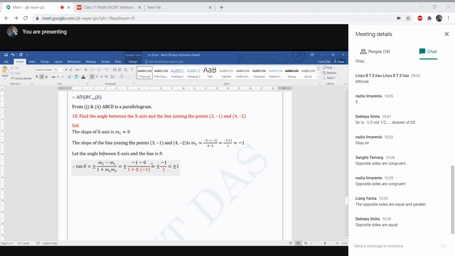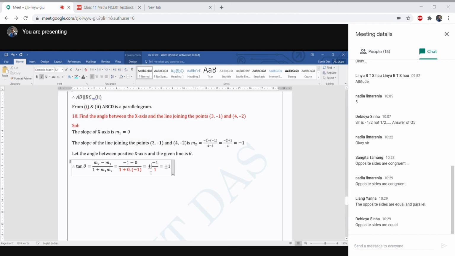The angle between the positive x-axis and the given line is theta. So here we will take the plus one only.